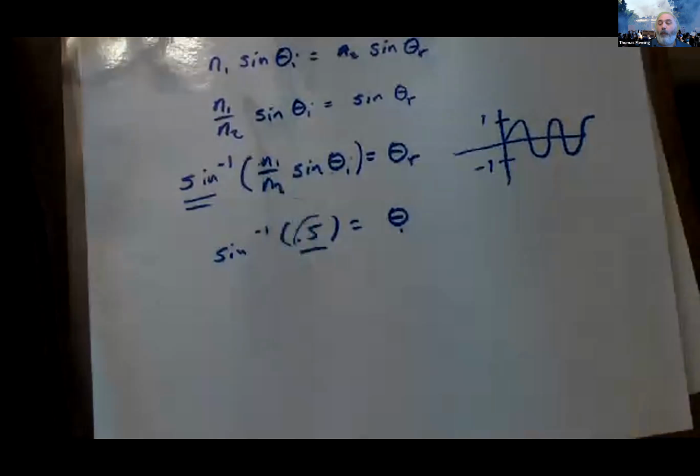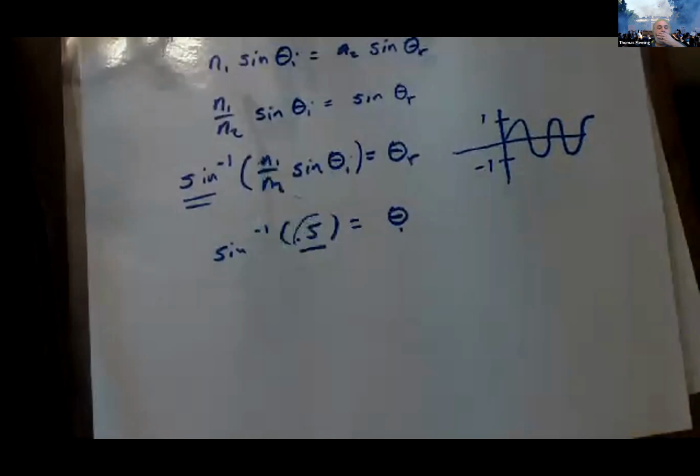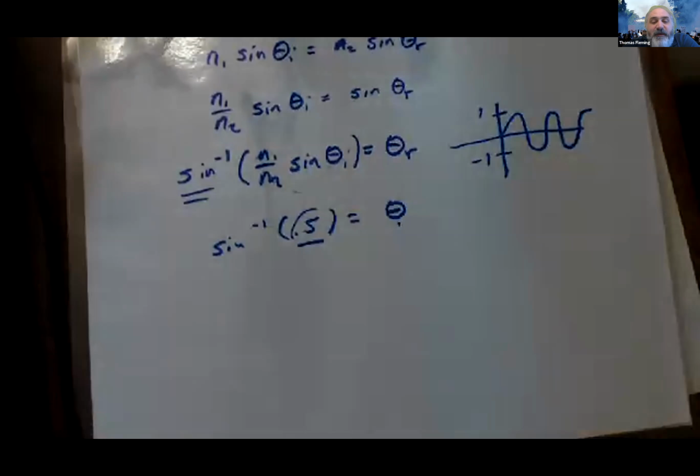Now, what if the thing in here exactly equaled 1, right? That would be the upper boundary, the biggest angle of incidence that you could possibly have, when this gave me a sine of exactly 1. Well, the sine of what angle gives me 1? 90 degrees.